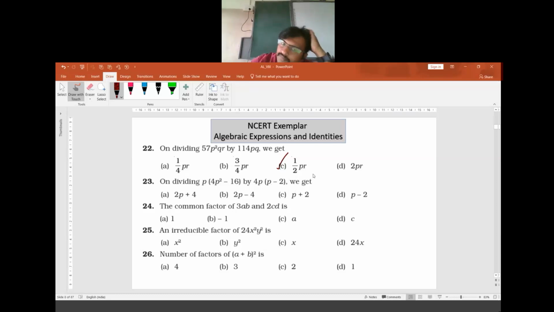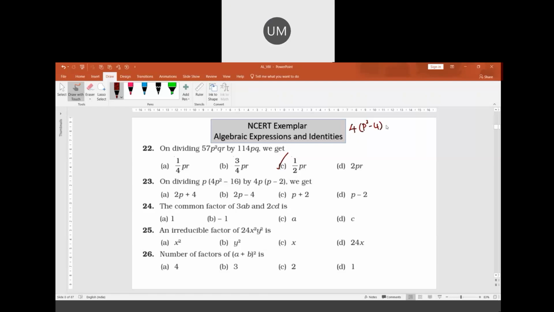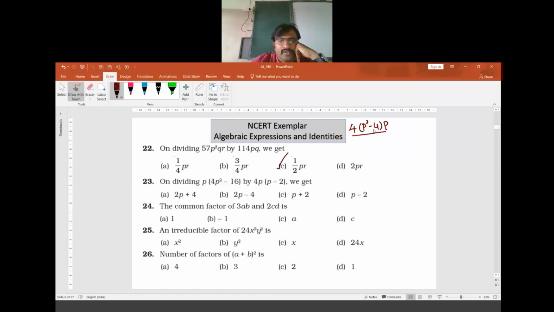In such cases, if directly you cannot guess, you can solve and find it. In the numerator, 4 is common. We'll be getting P square minus 4 by taking 4 common. This 4 gets cancelled.